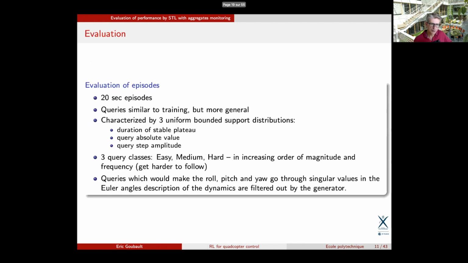So we actually used an STL-based formal description of the performance of the neural net controllers, which will observe what happens with a given neural net controller on 20-second episodes, which will be random episodes chosen with a similar query generator as we had for training the reinforcement learned neural net controller, but with actually easy to hard queries, actually much harder queries sometimes than the ones we use for training.